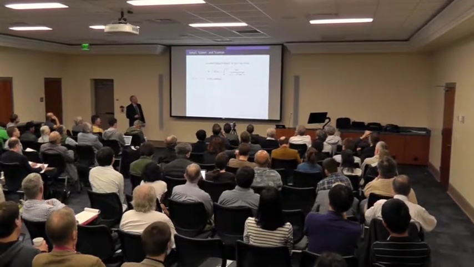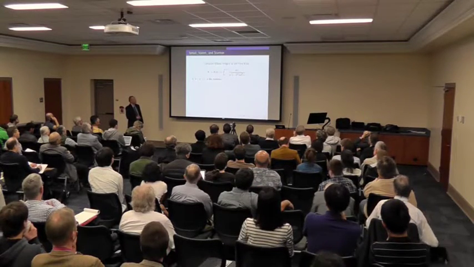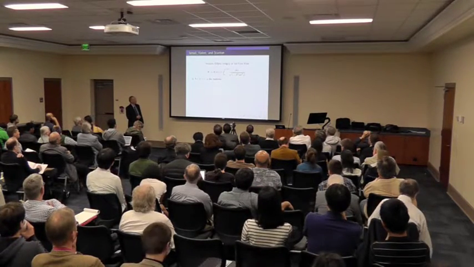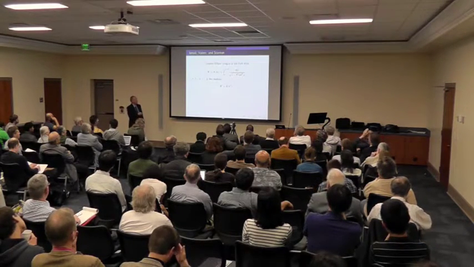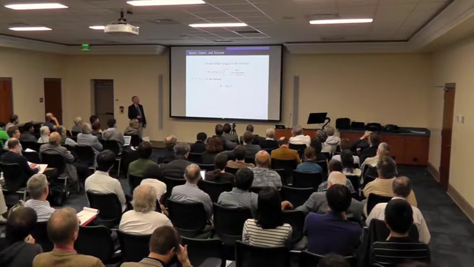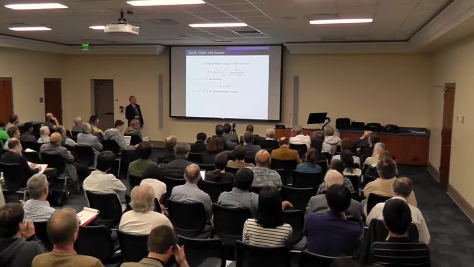Okay, so let me define the complete elliptic integral of the first kind, which is associated with the modulus k in the theory of elliptic functions. We let k prime be the complementary modulus.